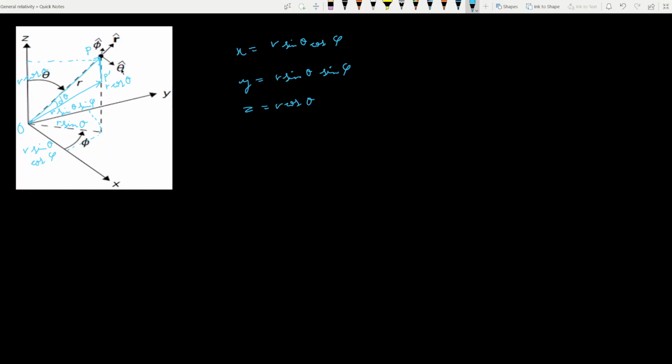So our P primed coordinate, let's write it here. P primed coordinate is just r, we made a little change in our theta direction, and the final coordinate should be phi.